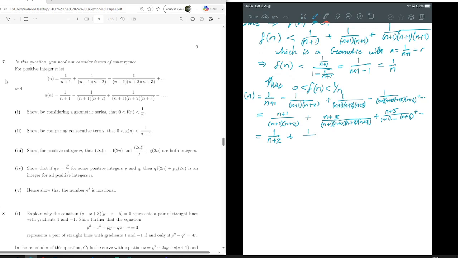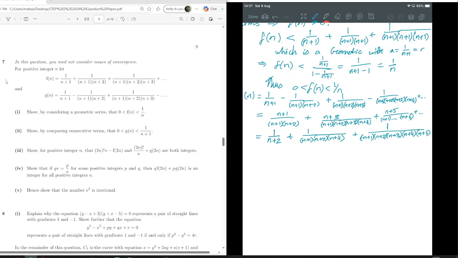Now this term is 1 over n plus 1, n plus 2, n plus 4. And the next one, don't really want to write it all out, but I've already started now. That one's missing the n plus 5 term.